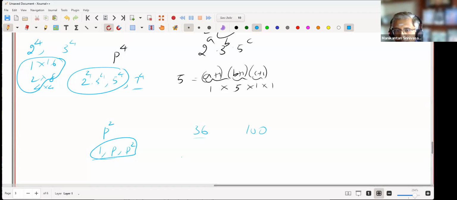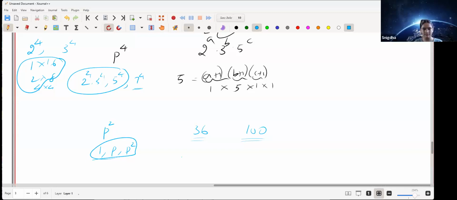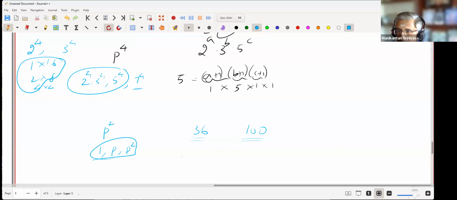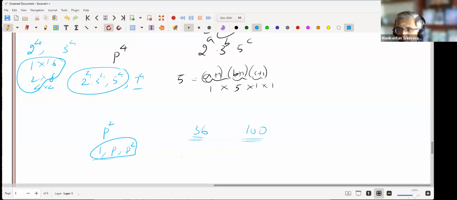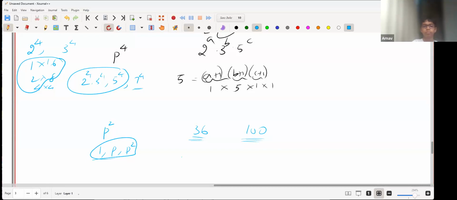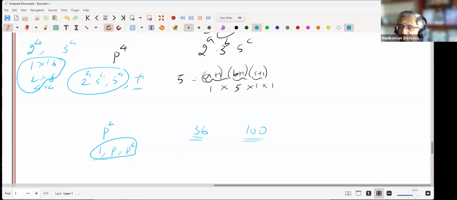But these numbers also have odd number of factors. Why is that, Arnav? So 36 is a perfect square, but not a prime square. 100 is a perfect square, but not a prime square. Still, these numbers will also have an odd number of factors. My question is, why is it that perfect squares have odd number of factors?